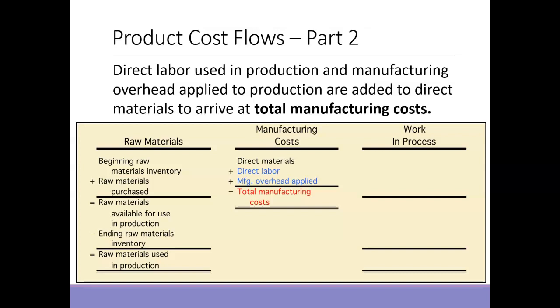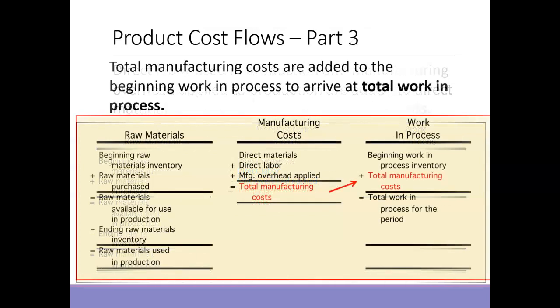Direct materials plus direct labor plus our manufacturing overhead equal total manufacturing costs. Then those total manufacturing costs get added to the beginning work in process to arrive at total work in process.